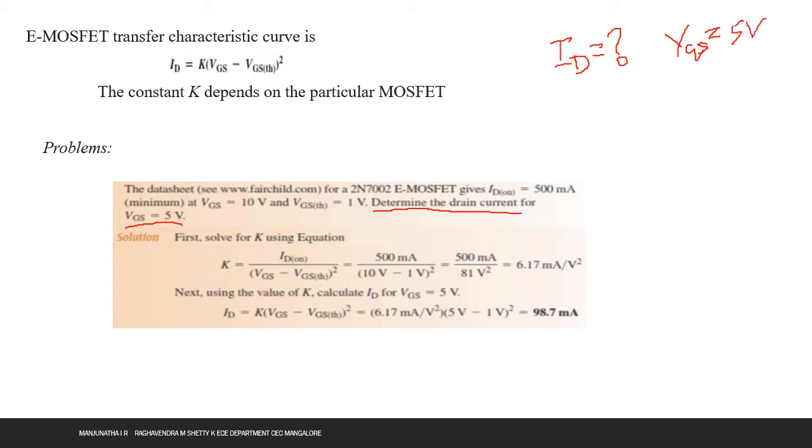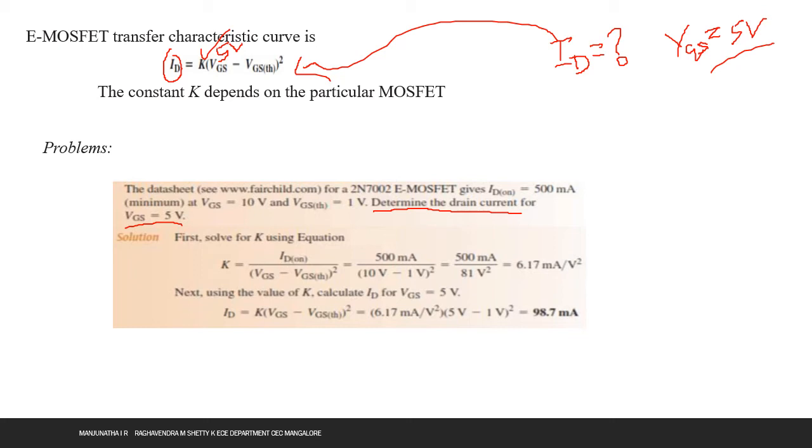So to find out ID, we can make use of this equation: ID is equal to K times (VGS minus VGS threshold) whole square. VGS value is given as 5 volts, so I can substitute 5 volts here.